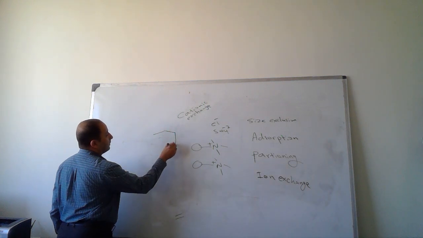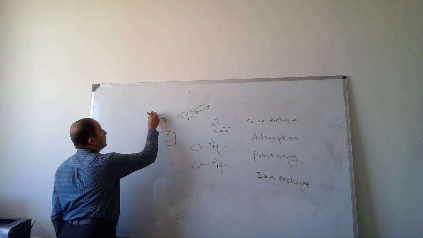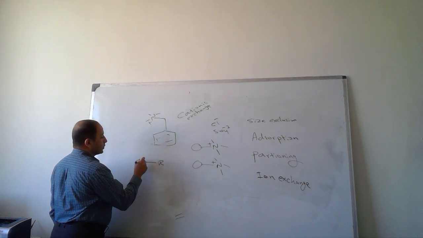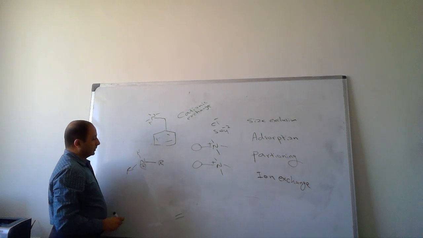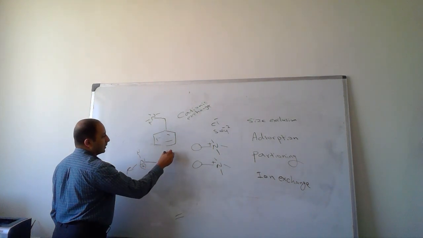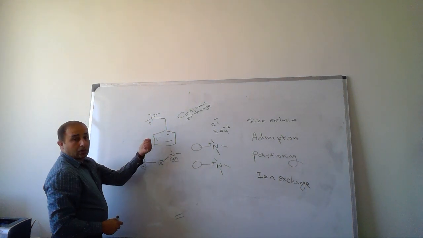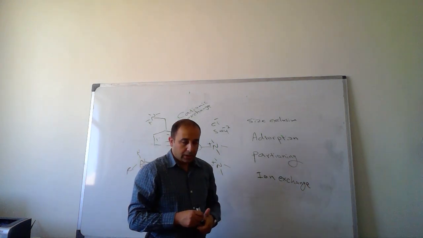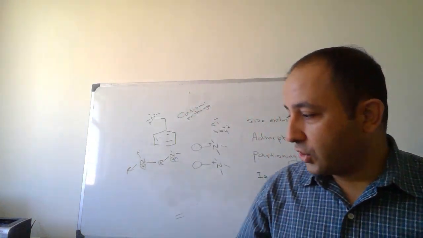For example, if we have a drug with just one positive charge and another with two positive charges, the one with one positive charge will elute before the one with two positive charges.